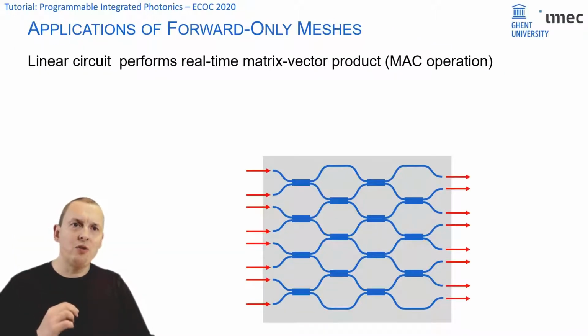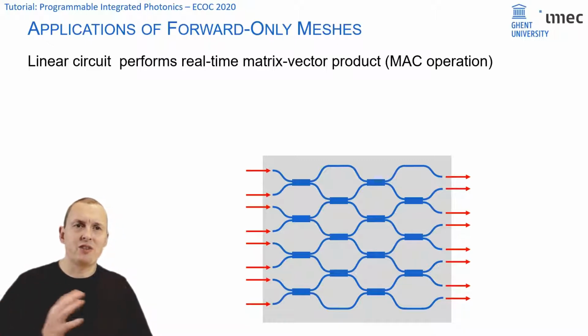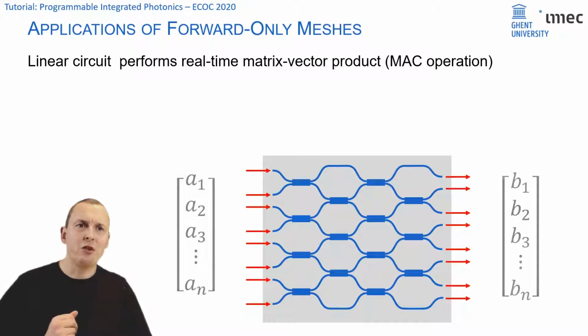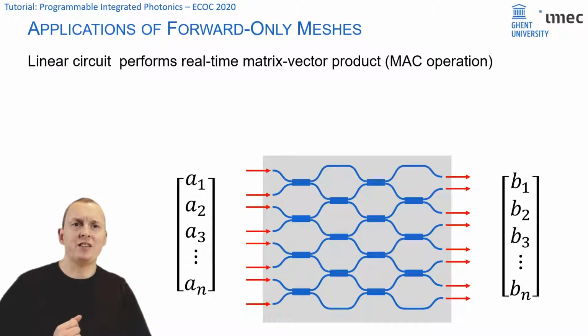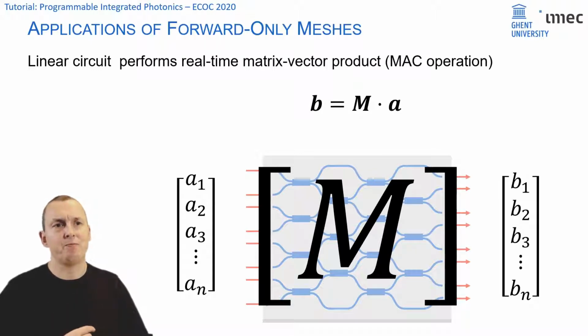Now, why would you want to use these forward-only meshes? Well, they give you a lot of functionality, which is very useful for quite a lot of applications. If you consider the set of inputs and set of outputs as a vector of complex amplitudes, so intensity and phase, then the circuit itself acts as a matrix performing a real-time matrix vector multiplication.